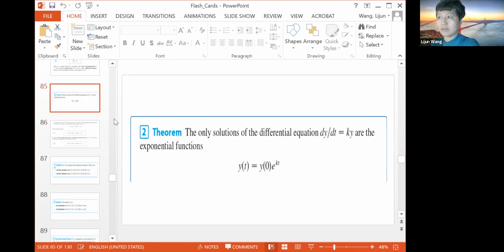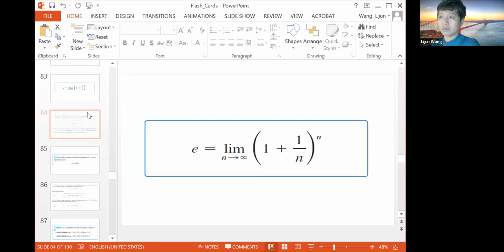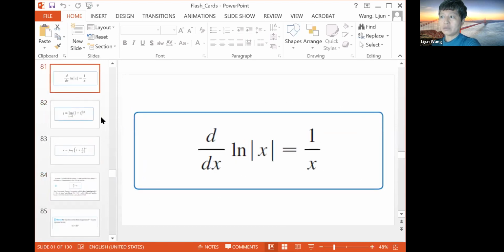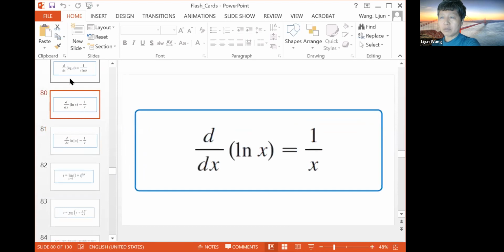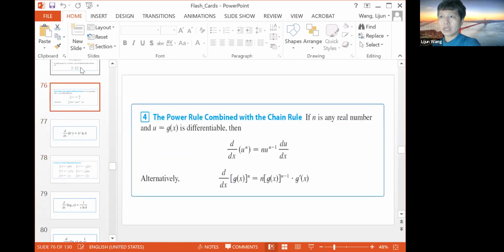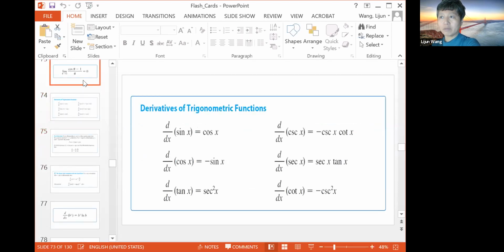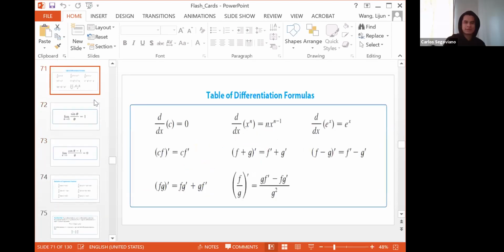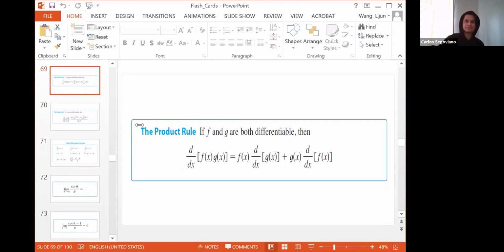Look at all these definitions. Look at all these theorems. Does any one of these look familiar to you? I'm just clicking randomly. Not at all.